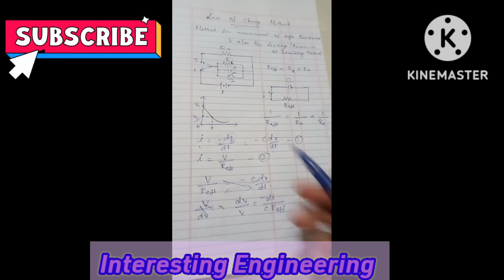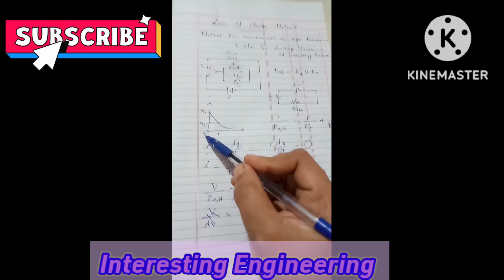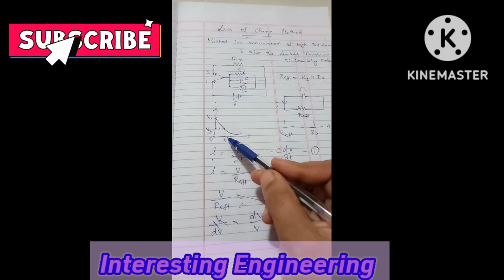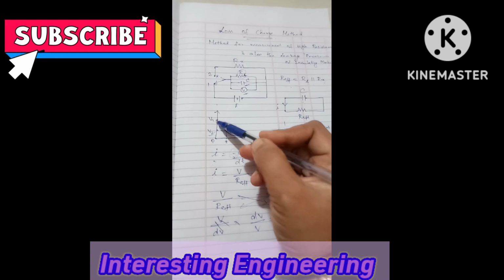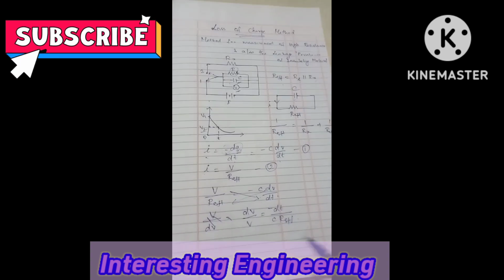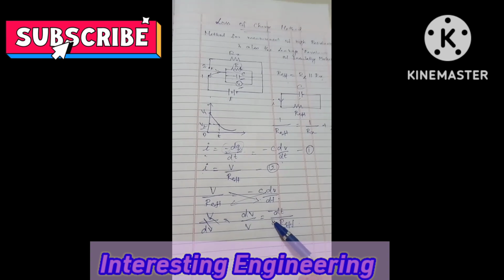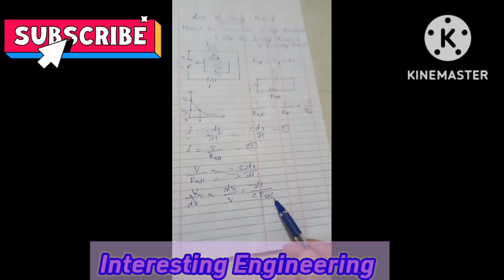Here, when the time changes from 0 to t, the voltage changes from V1 to V2. Now I'm going to integrate this equation, since we have a differentiation here.